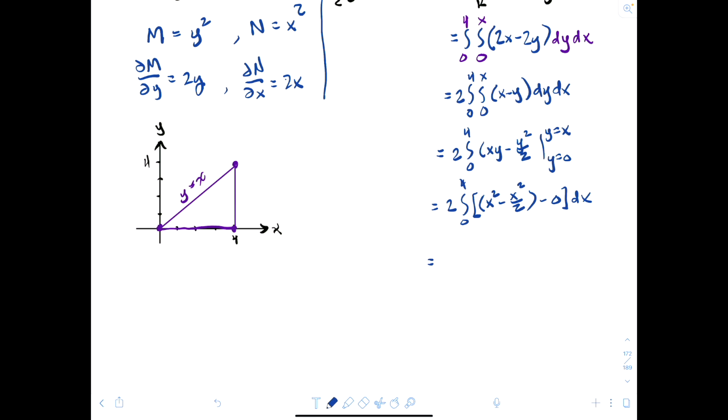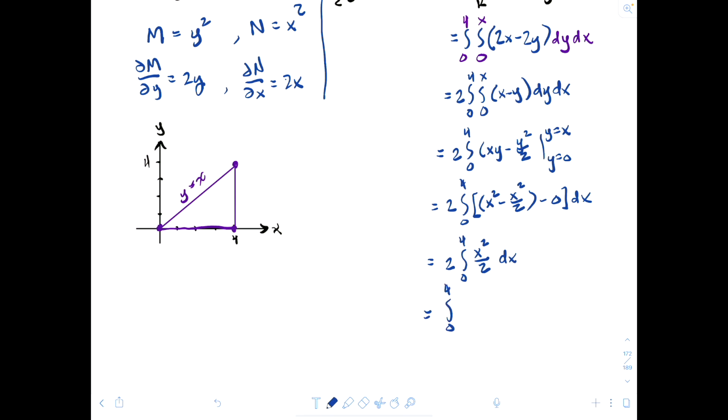So then that will be 2 times the integral from 0 to 4 of x squared over 2 dx. So if I bring that 2 out, it divides out the other 2.